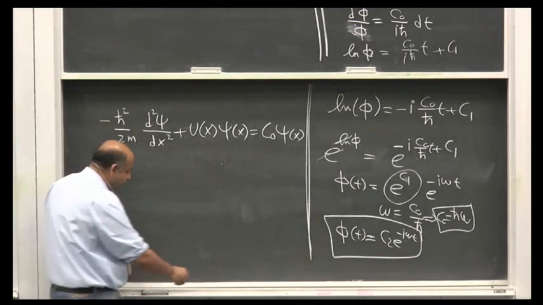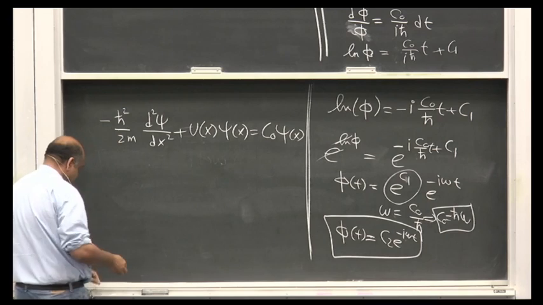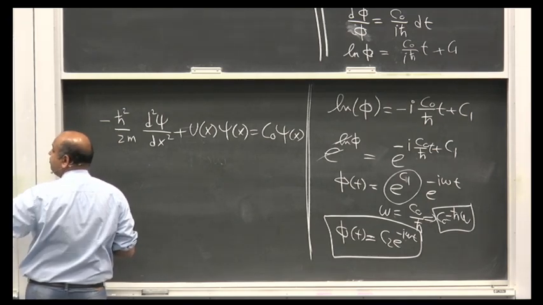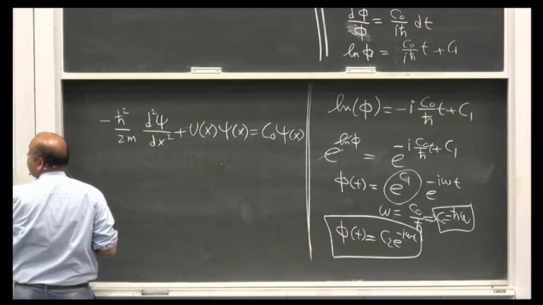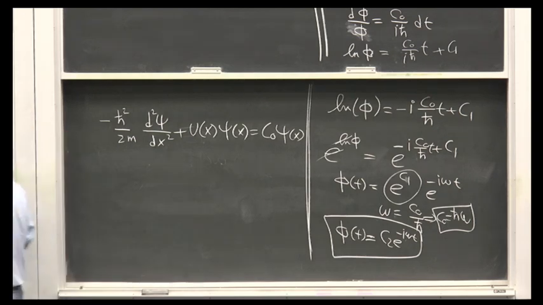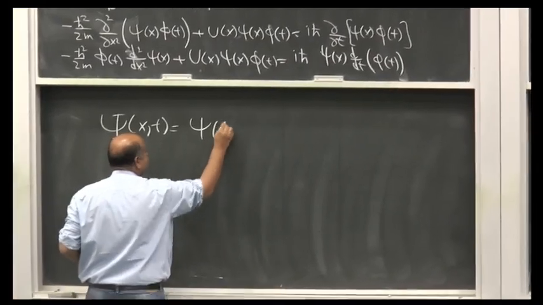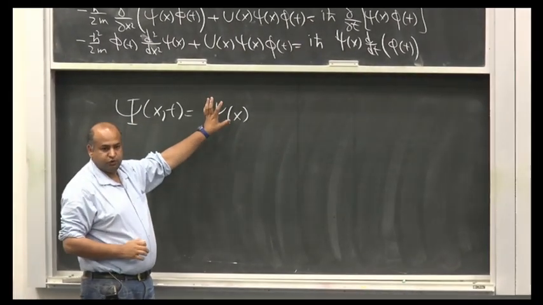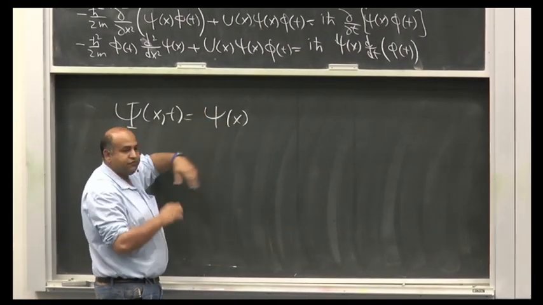So to do that, let me just see that this general solution, capital psi of xt, this can be written as now small psi of x, which we don't know.